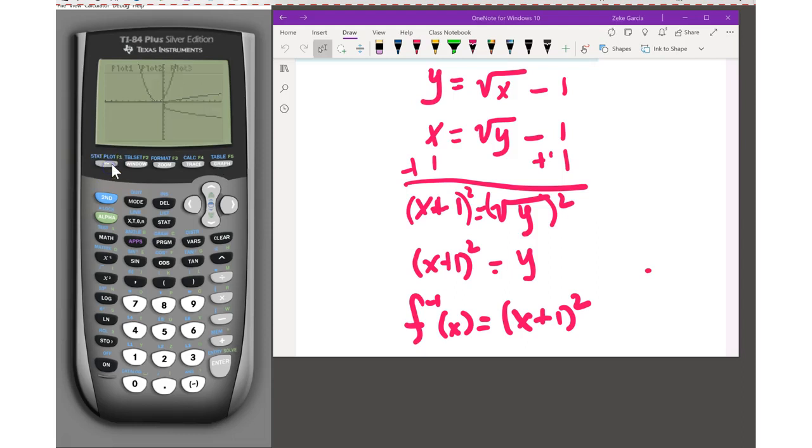And if you want to see the mirror, type in y equals x. And you can see there is the reflection of this equation. And that is the graph.